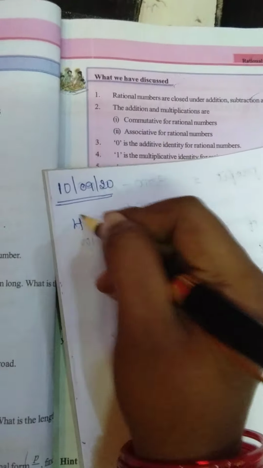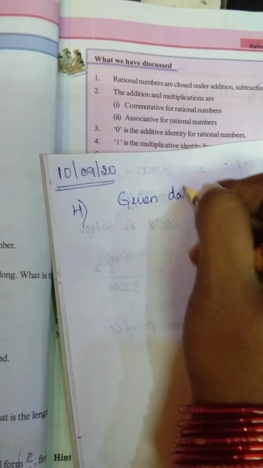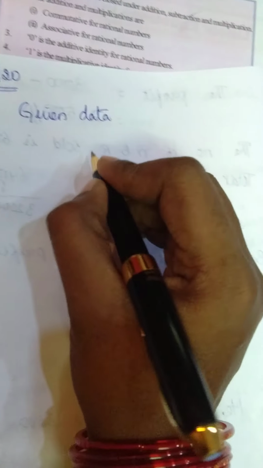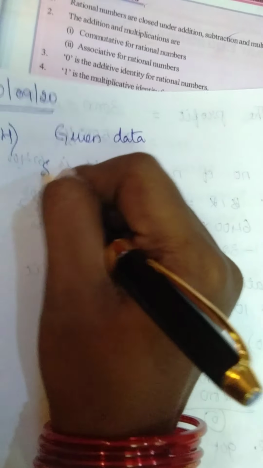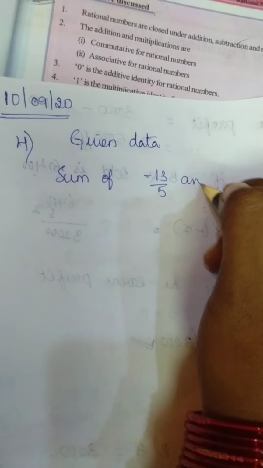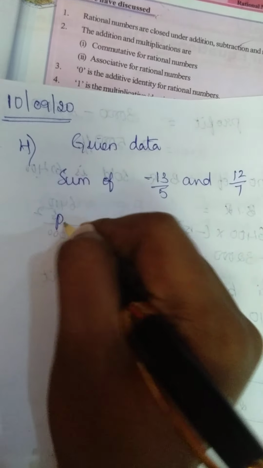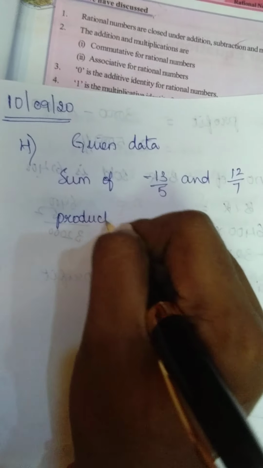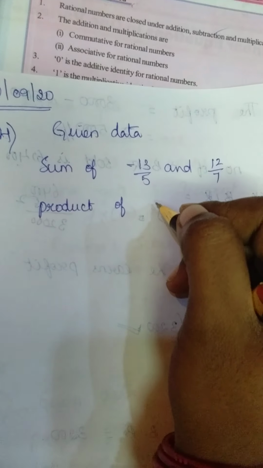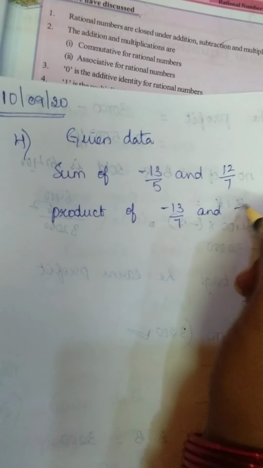Clear? First, what is the fourth question? Given data: sum of minus 13 by 5 and 12 by 7, and product of minus 13 by 7 and minus 1 by 2.